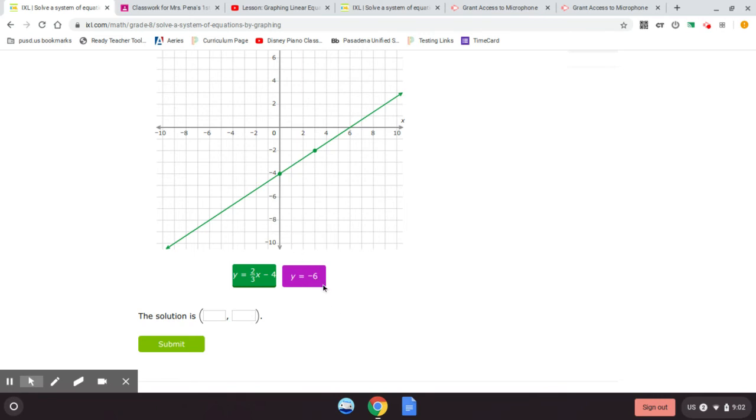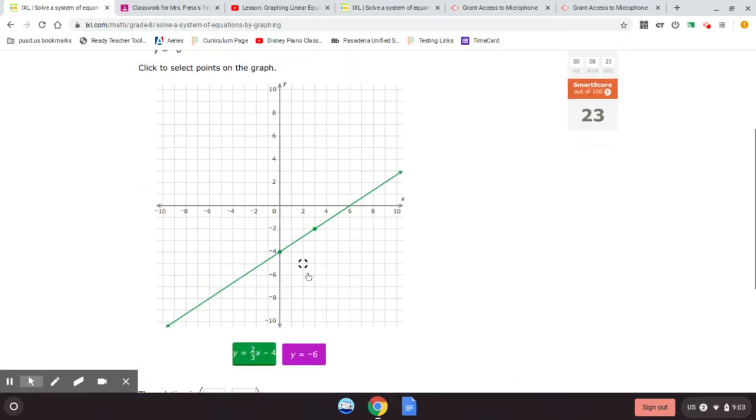Okay, and if you remember, y equals, even though the y-axis is up and down, anytime you have y equals, it actually goes horizontally. So y equals -6 makes a horizontal line where y is -6. Okay, so y equals makes a horizontal line at wherever the number is, -6, and there's my horizontal line. X equals would make a vertical line.